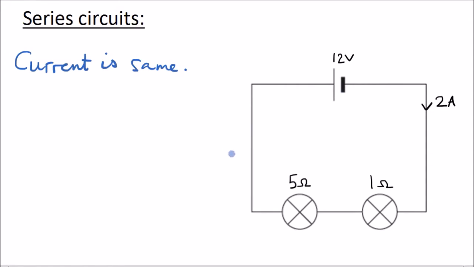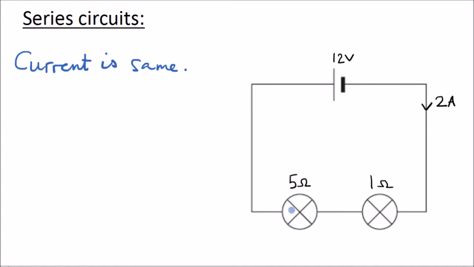The potential difference, or V, the voltage in a series circuit, is shared among the components. The total potential difference, or the total joules per coulomb, comes from the battery. And the potential difference across each component depends on its resistance. So if we have a look at lamp 1, the 5 ohm lamp, this is a lamp with a resistance of 5 ohms.